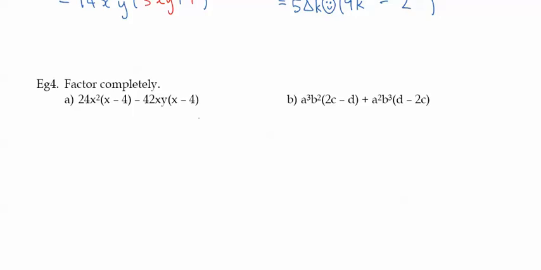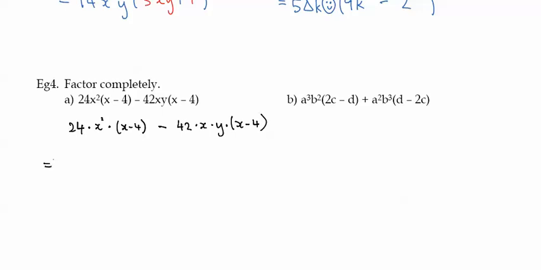The first part consists of 24 times x squared times x minus 4. These are the three things in the first part. And for the second part, we have 42, x, y, and the same bracket again.